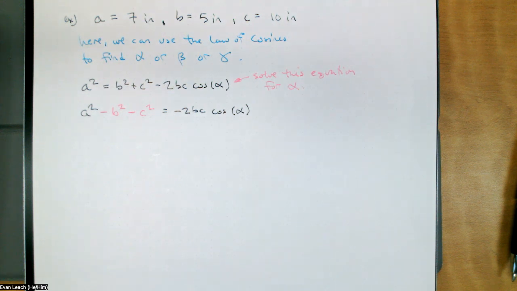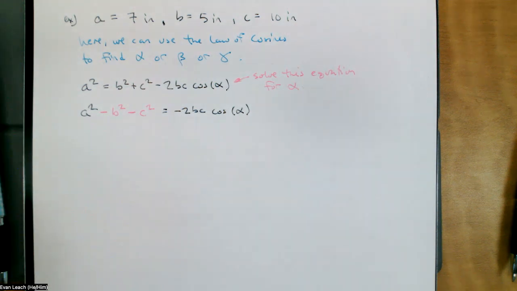Looking at the order of operations of things that happen to alpha, first we did the cosine, then we multiplied by negative 2bc, then we added b squared and c squared. So the first thing we'll undo is the b squared and c squared by subtracting them from both sides. Then we will divide by the negative 2bc.